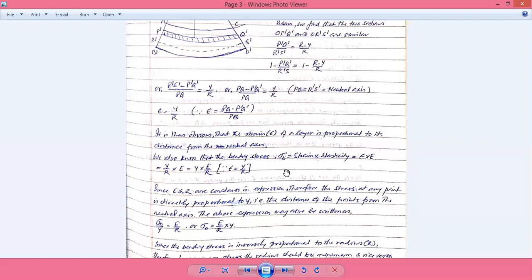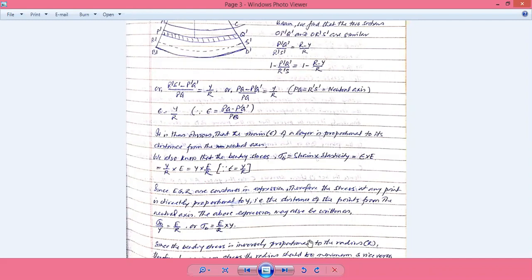And we know that the bending stress sigma b is the strain multiplied by the modulus of elasticity E: epsilon into E, or y by R into E. Now, E and R are constant, so the stress at any point is directly proportional to the distance of that particular point from the neutral axis.